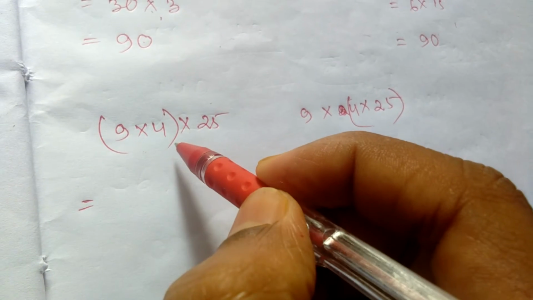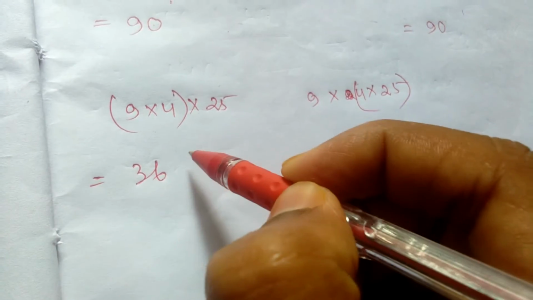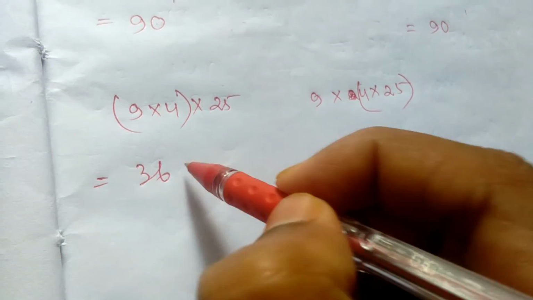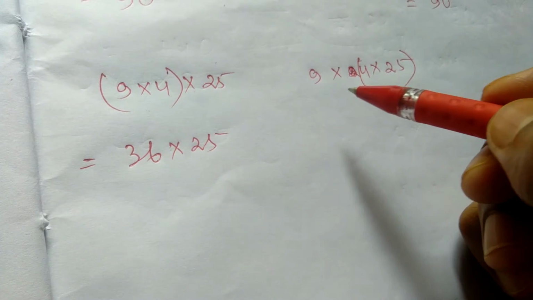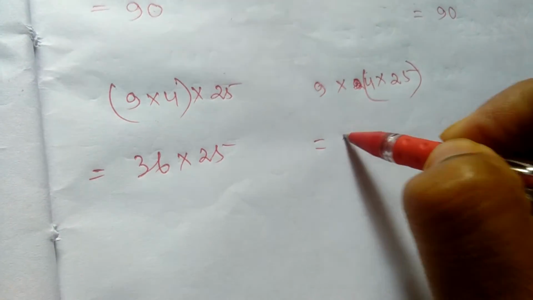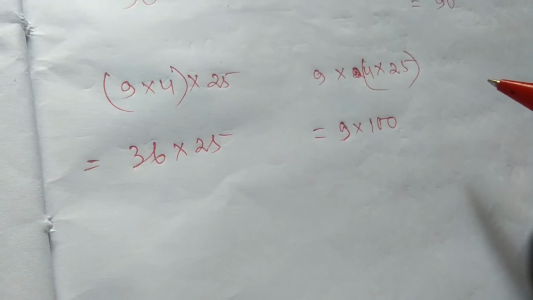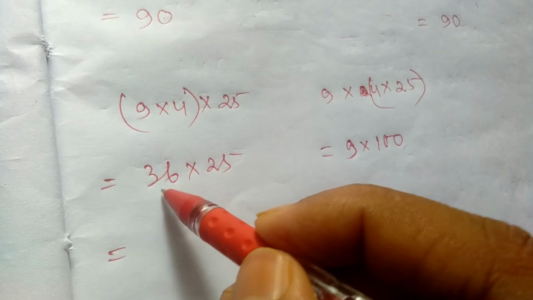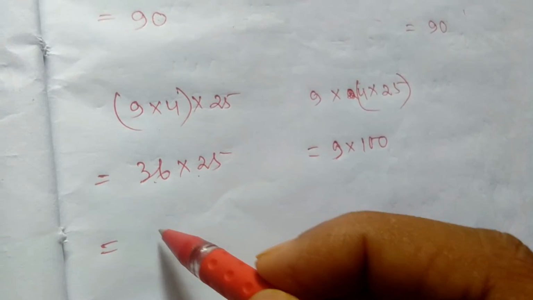If I do this one first, then 9 4s are 36, into 25. And if I do this one, then 9 into, and then 4 into 25, that is 100. So now I have to do that multiplication, then only I can identify our answer.